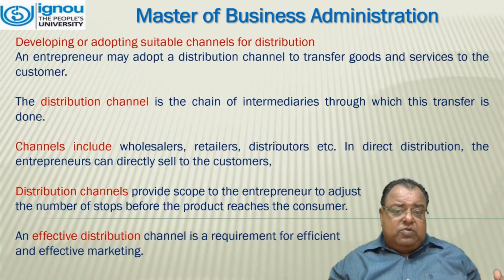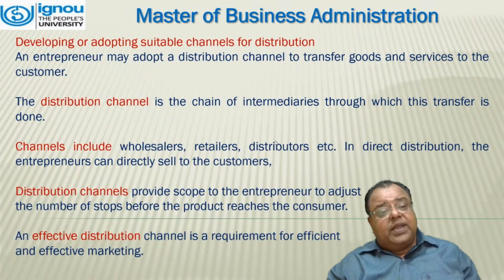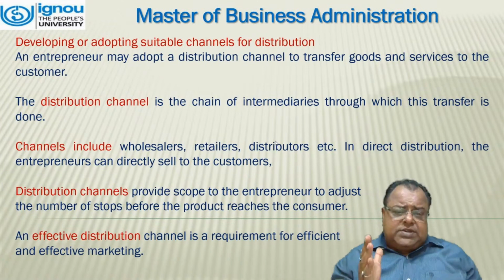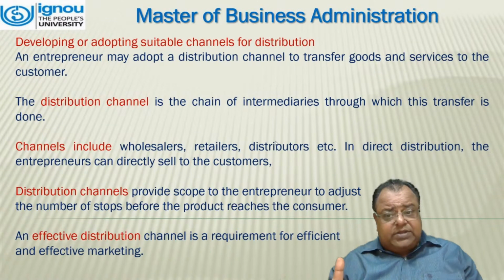Developing or opting for a suitable channel for distribution. An entrepreneur may opt for a distribution channel to transfer goods and services to the customer. The distribution channel is the channel of intermediaries through which this transfer is done.